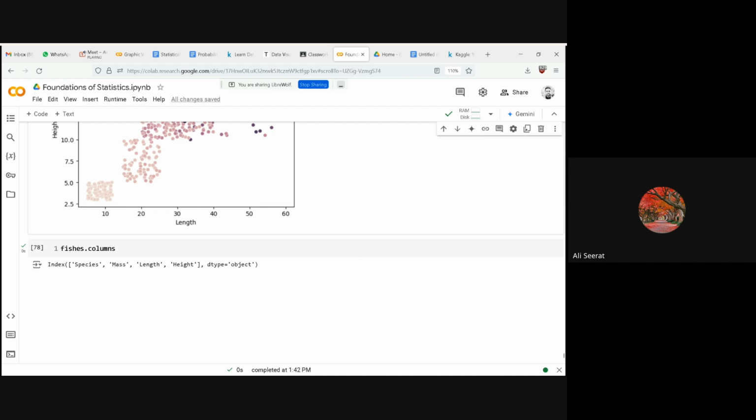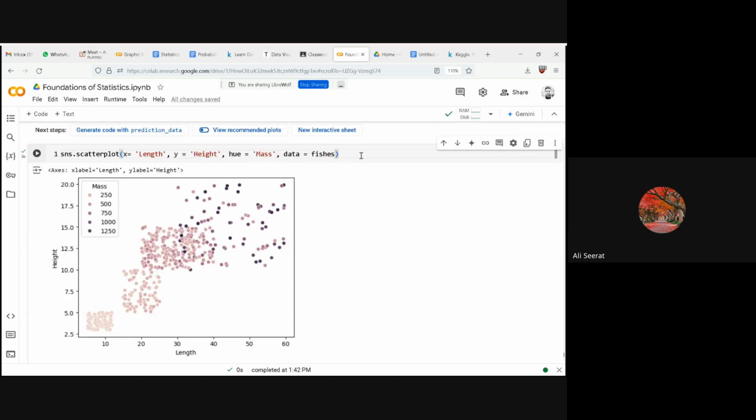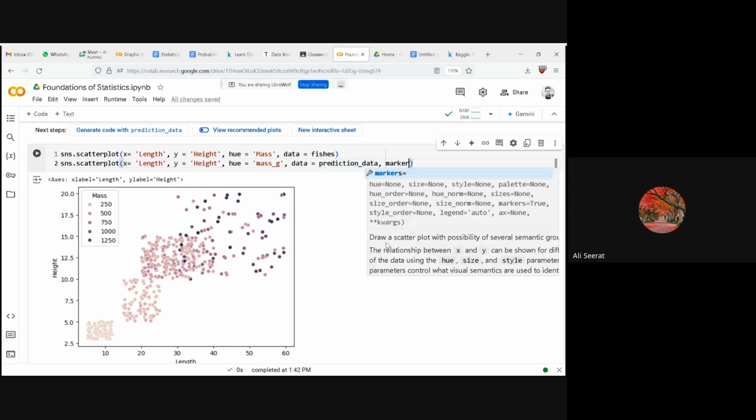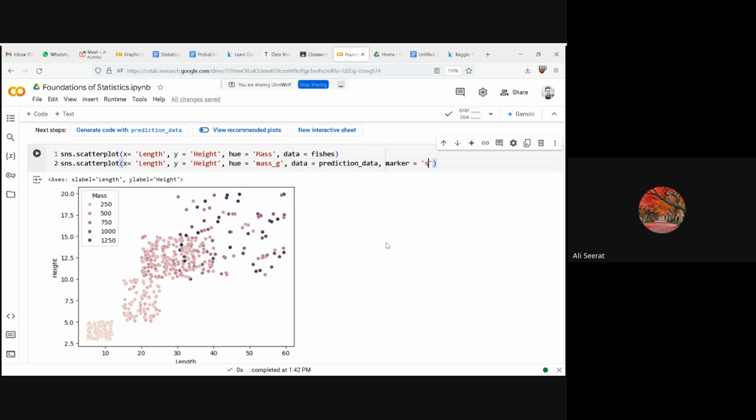And now we want to develop a scatter plot for the other thing that we have developed recently. That is the SNS scatter plot for the prediction data. Let's change the marker to squares to differentiate.